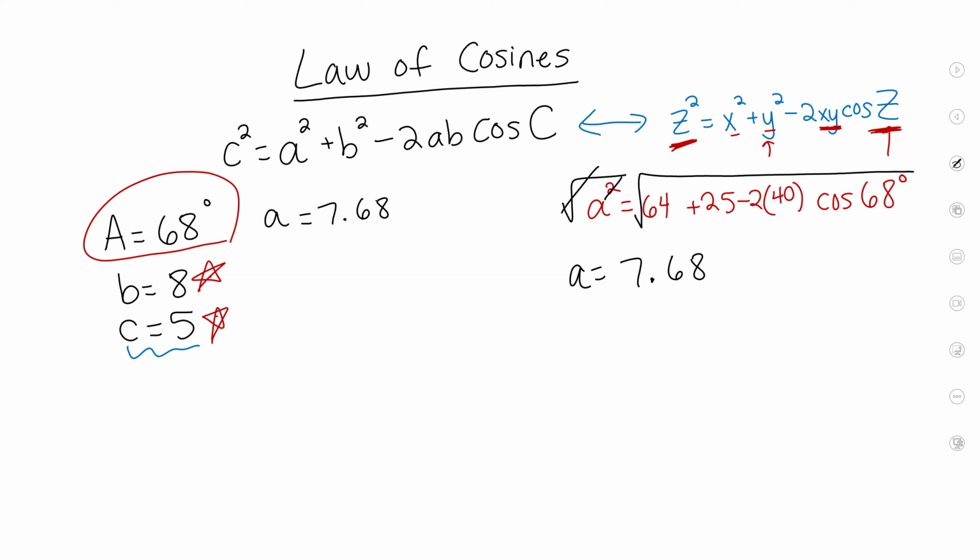Now that I have a full set, I can use law of sines. So now I'm going to use law of sines. And guys, add a little note. Always solve for the smallest angle first.